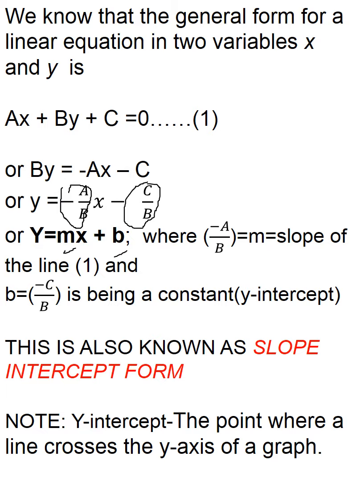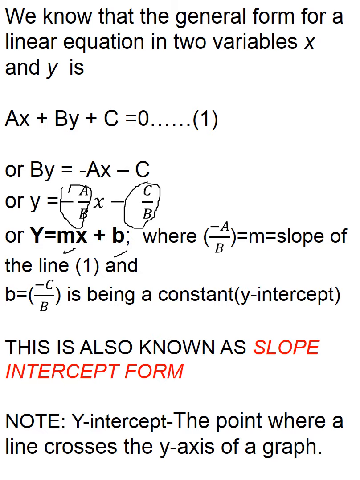Since c and b are constants, the ratio of these two will also be a constant, so there is no harm in considering this as b. Similarly, since a and b are real numbers, -a/b is also a real number, so no harm in considering -a/b as m.